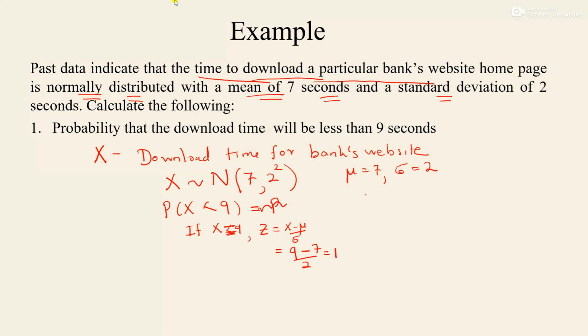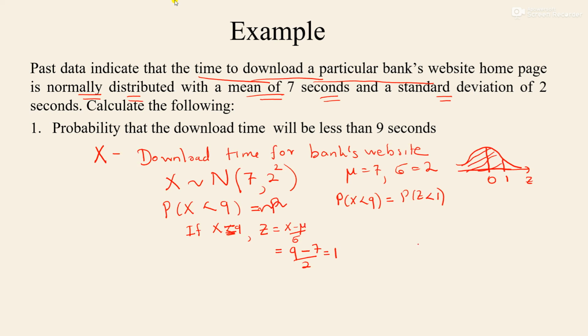Now the diagram. Probability of x less than 9 is equal to probability of z less than 1. So this is the whole probability we have.